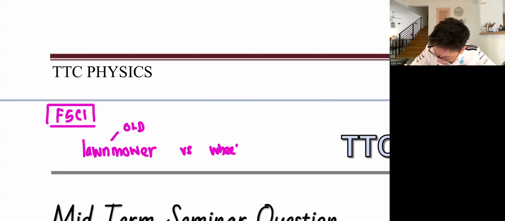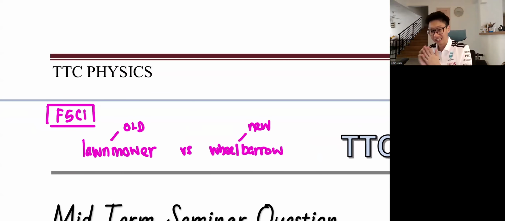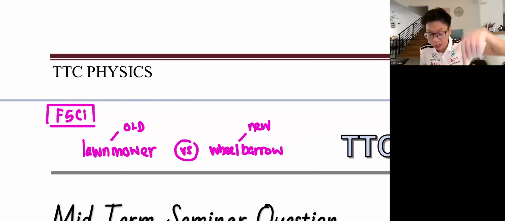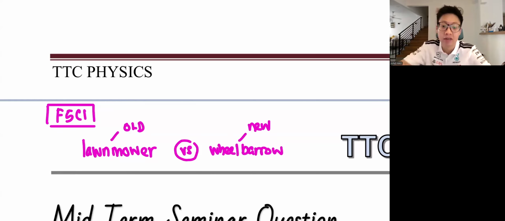Nowadays, they ask something new, the wheelbarrow question, which is the new type of question. So we have the older type of question versus the newer type, the lawnmower versus the wheelbarrow. Today, we will focus on the wheelbarrow because that is supposed to be more challenging and difficult.